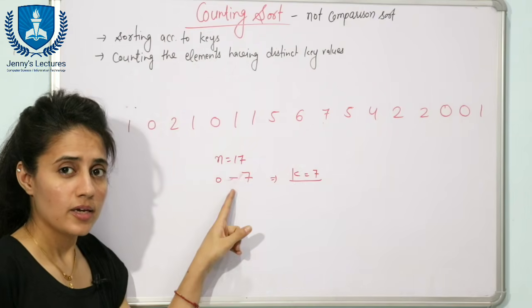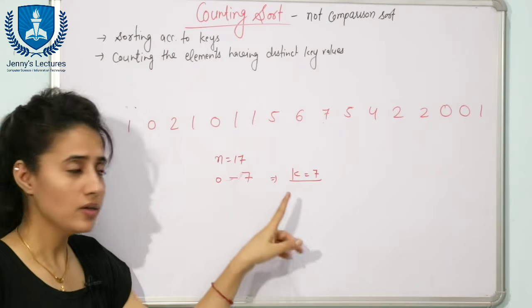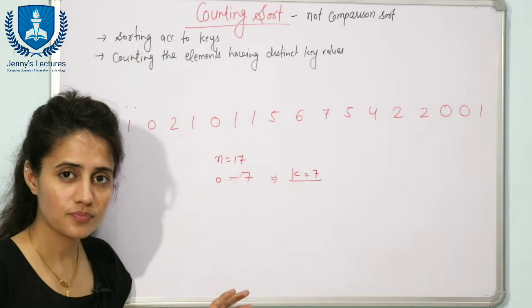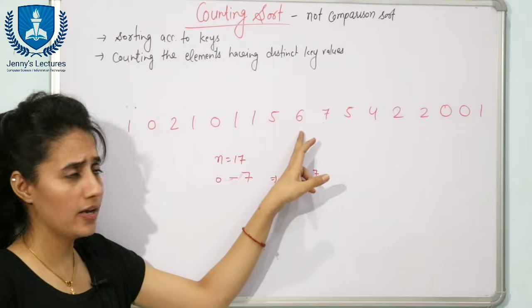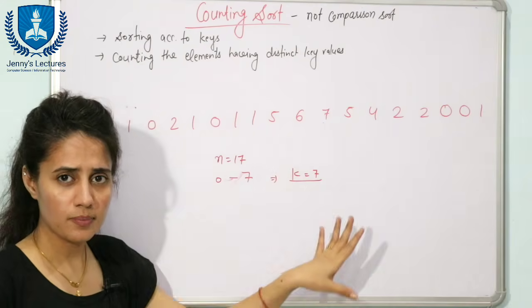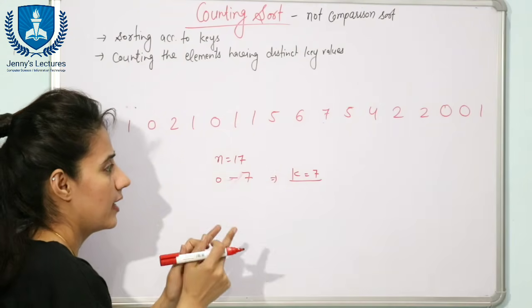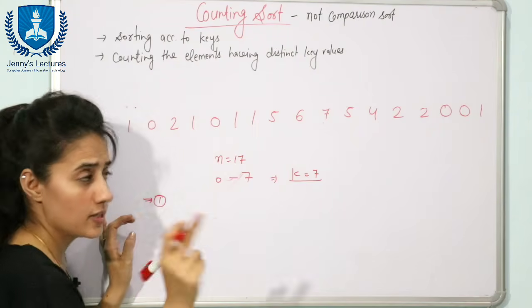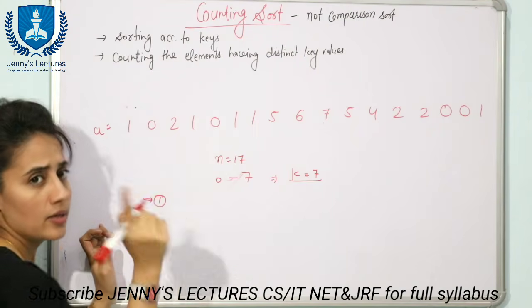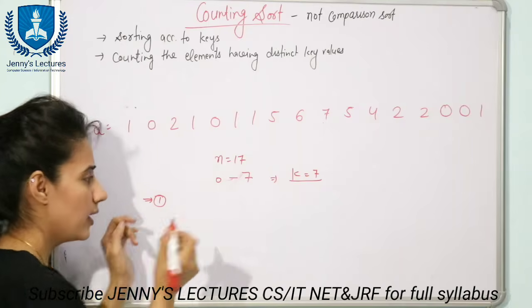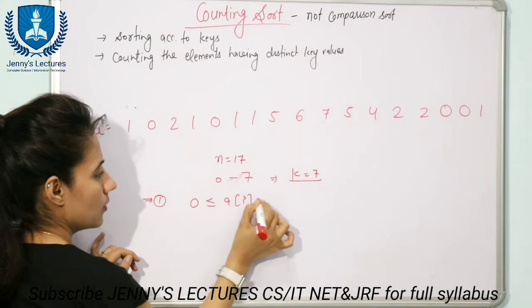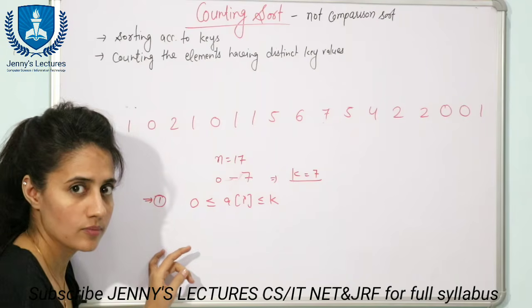So here you can say we have an array having k different elements, right? And maybe in this array duplicate values can be there. So how to sort this array? So here the situation is, the first case, suppose the array name is A. All the elements in the array would be in the range of 0 to k.